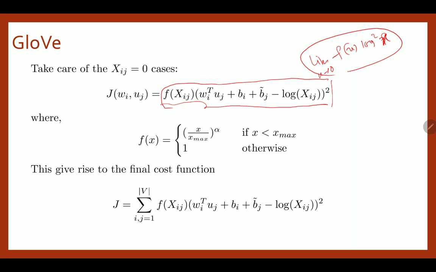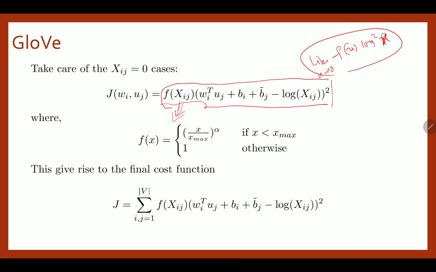So they have taken f(x_ij), and this function can take multiple forms. Although they have not really discussed why particularly they have taken this, my assumption is that among the various choices of this function, this one might have given them better results. You can see that at x equal to 0, f(x_ij) becomes 0, and that takes care of the smoothing condition.